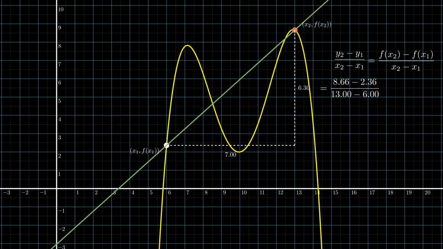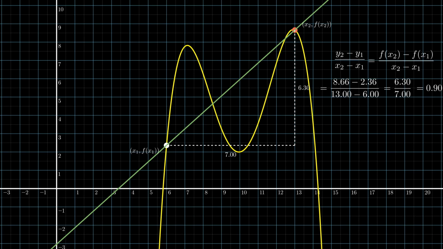If we plug in these values, we get a vertical change of 6.3 kilometers and a horizontal change of 7 kilometers. And we get 0.9. This tells us that on average we climb 0.9 kilometers for every kilometer we move forward. This is called the average rate of change.